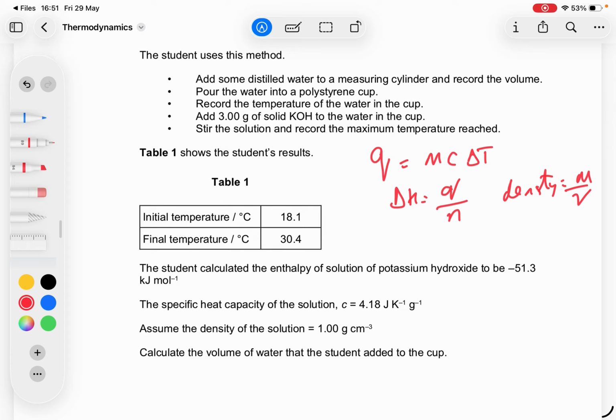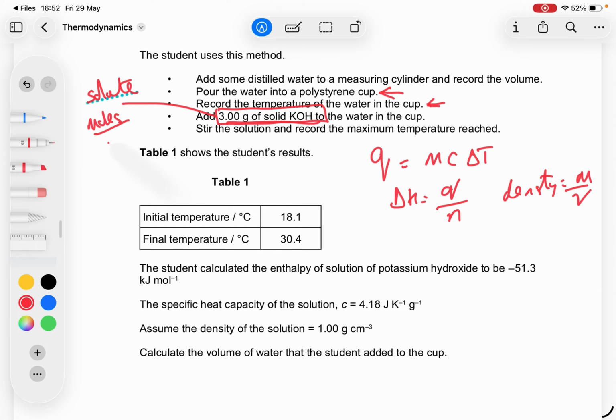Some distilled water is placed in a polystyrene cup. The temperature is recorded. 3 grams of KOH is added to the water. Now this is the important thing. This is your solute here. This is your moles here. This is not the mass.